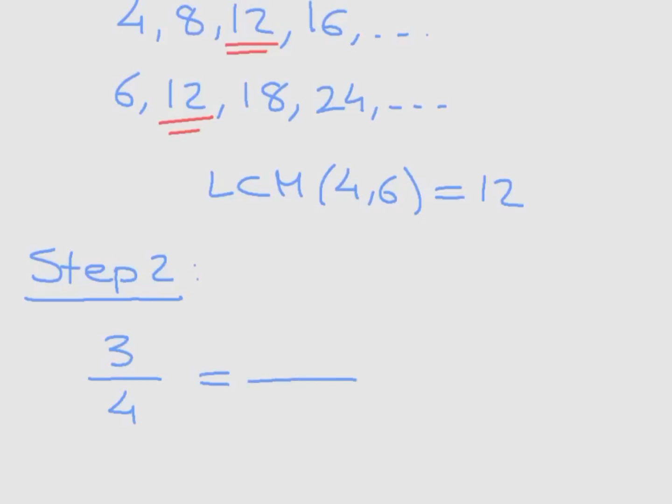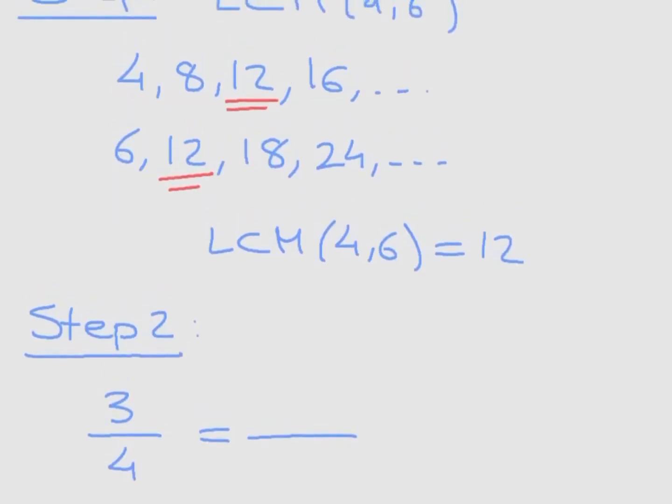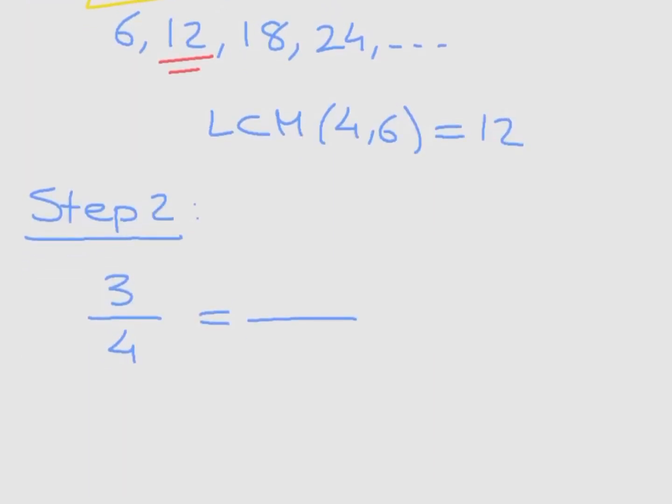To get from 4 to 12, looking at our list here, we can see that 12 is the third multiple of 4. In other words, what we have to do is multiply 4 by 3. So I write that. But now that I've done that, I have to multiply the numerator by 3 as well. And so 3/4 is equal to 9 over 12.